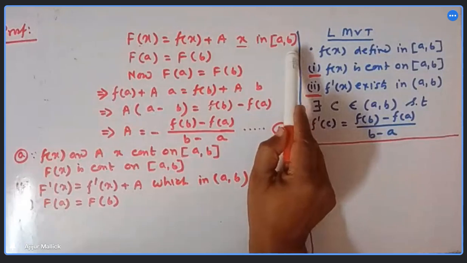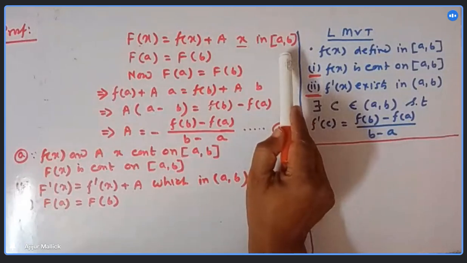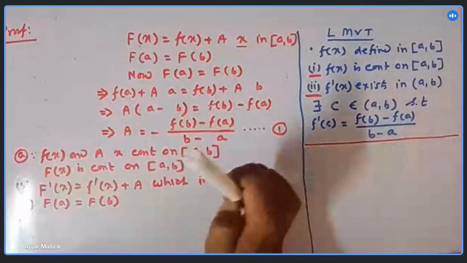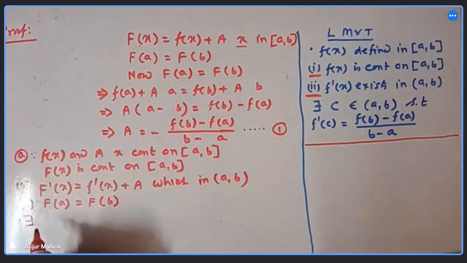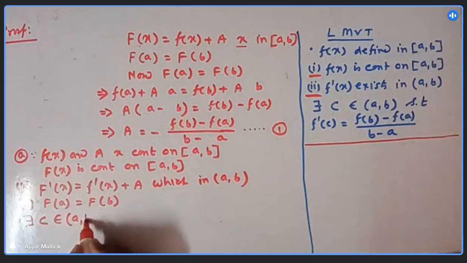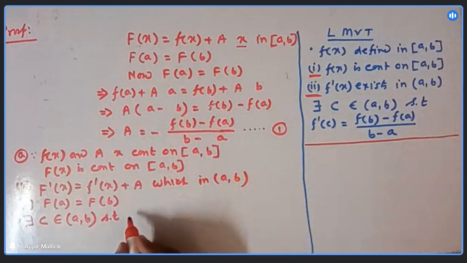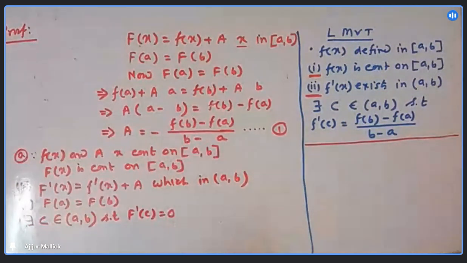Therefore, there exists at least one value of x, say small c, in the open interval (a, b), such that capital F dash c is equal to 0.